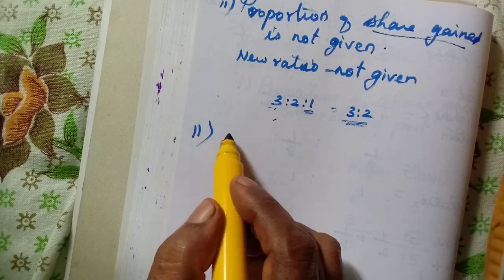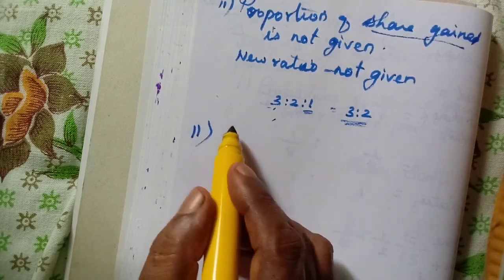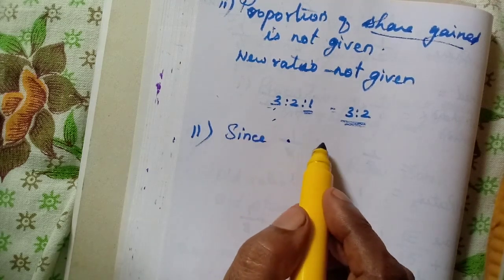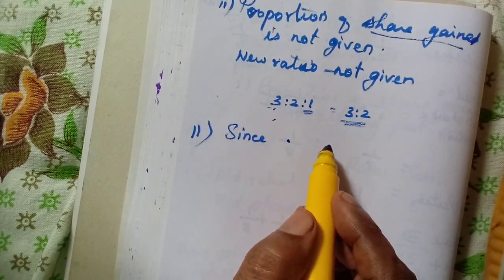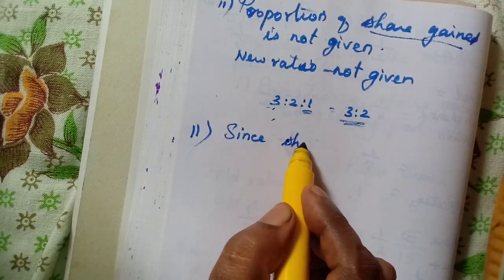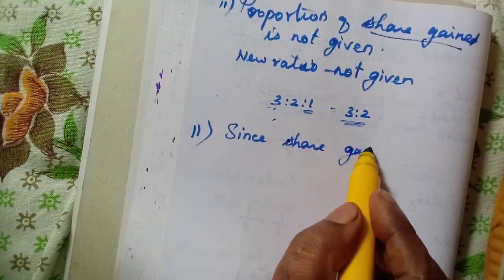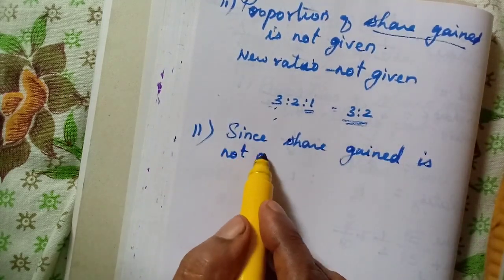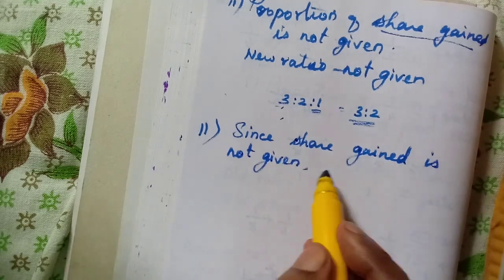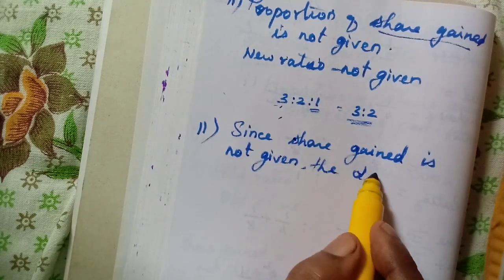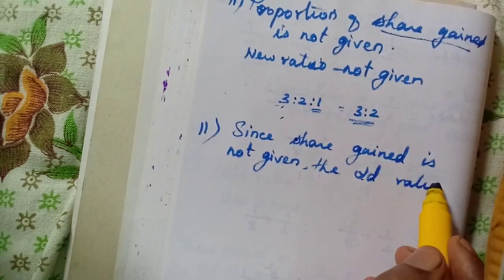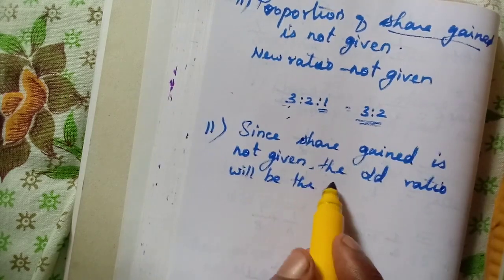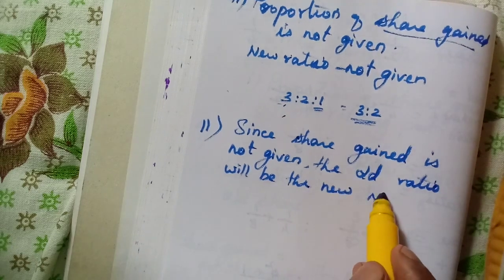So for number 11, you have to write: since the new profit sharing ratio or share gained is not given, the old ratio will be the new ratio and gaining ratio.